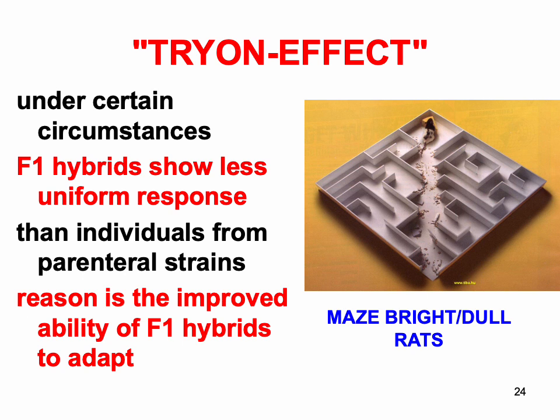Similis gaudet. After their children mated, Tryon repeated the maze test with them and again separated the bright and the dull, again breeding bright with bright and dull with dull. Tryon continued this process for 7 generations, creating 2 distinct breeds of bright and dull rats.